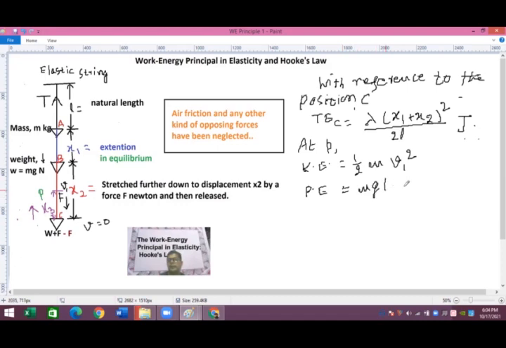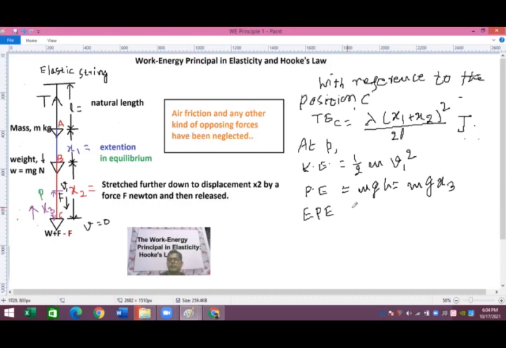This is mg. What is the value of h at this point? From C to P, you can see that this distance is x3. So potential energy is mg x3.